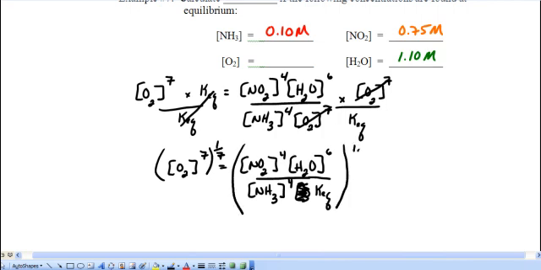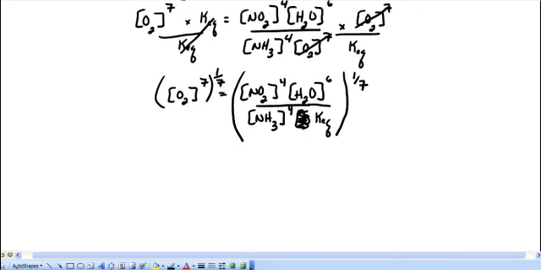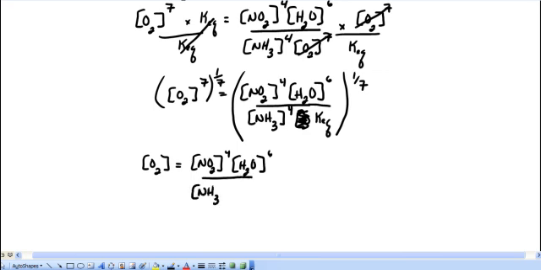So now what I'm left with is the oxygen concentration equals NO2 to the 4th, water to the 6th, divided by ammonia raised to the 4th, KEQ, and the entire term there raised to the 1/7 power.